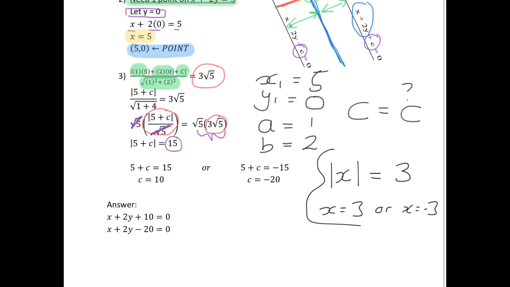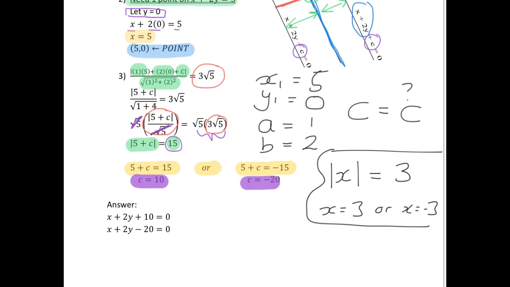But in our case, we have mod of 5 plus c is equal to 15. So that means we're going to have either 5 plus c equals 15 or 5 plus c equals minus 15. And then simplifying those, we'll end up with c being equal to 10 or c being equal to minus 20.